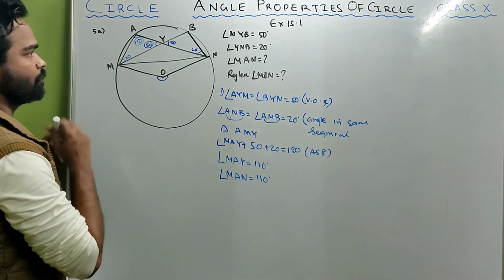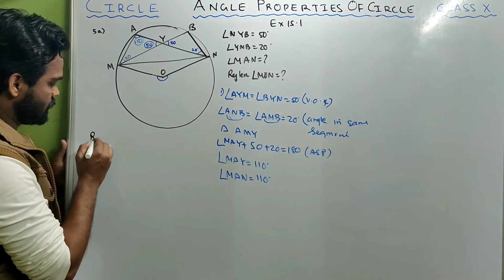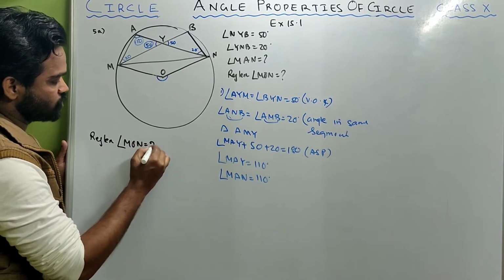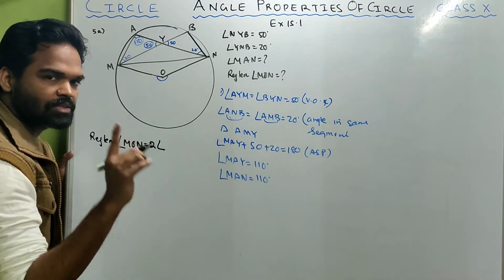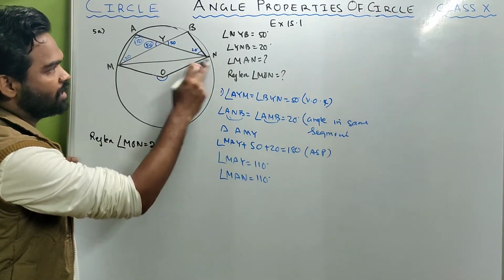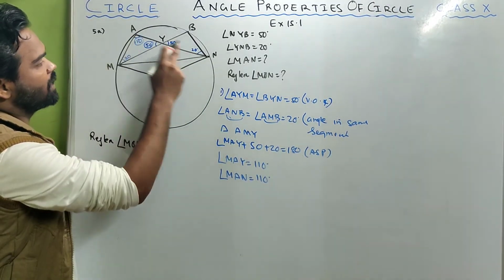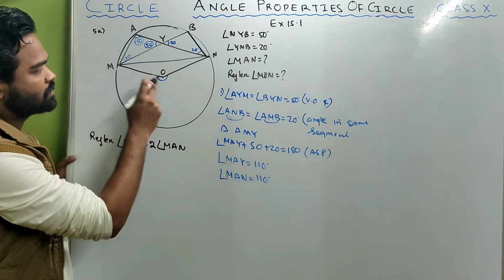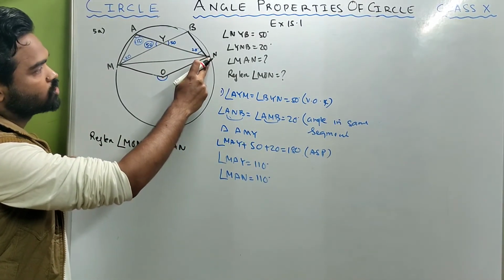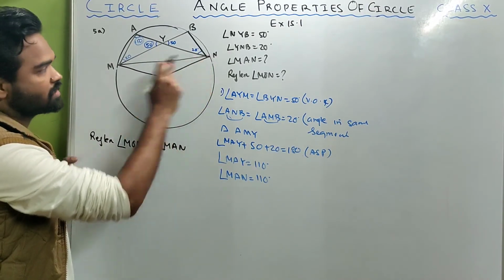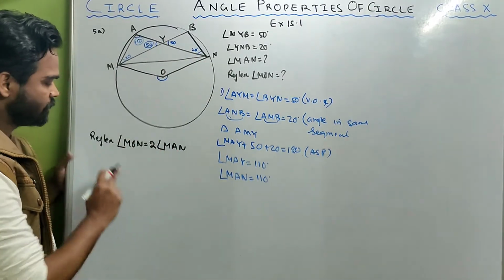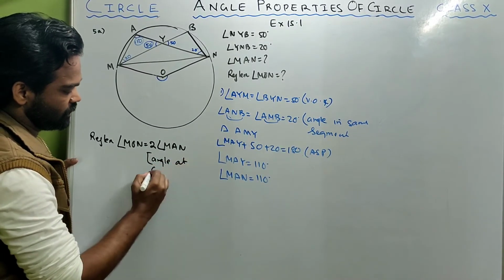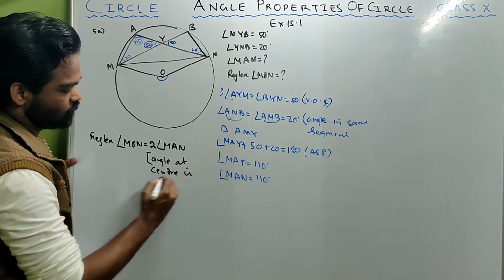Reflex MON. Now, just look carefully, reflex MON will be twice the angle at the circumference with MN as the endpoint. So MAN, see, the angle at the center will be twice the angle at the circumference with the same arc MN, isn't it?